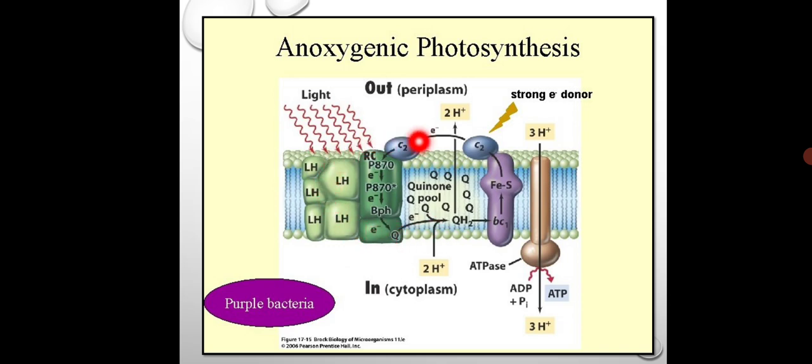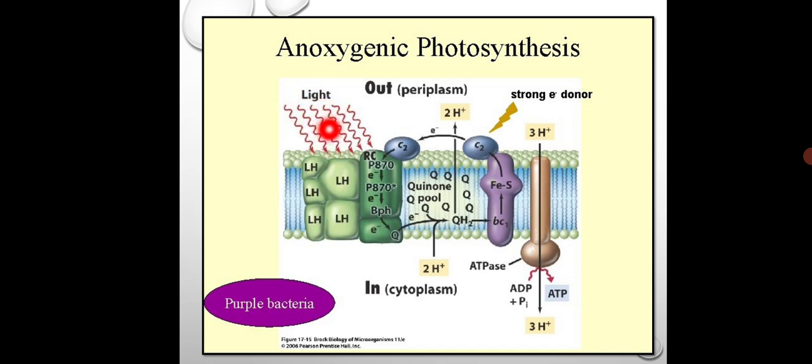Here these are the LH, the light harvesting complexes. Different light harvesting complexes are present, like P870, bacteriochlorophyll, bacteriopheophytin. Light enters here.